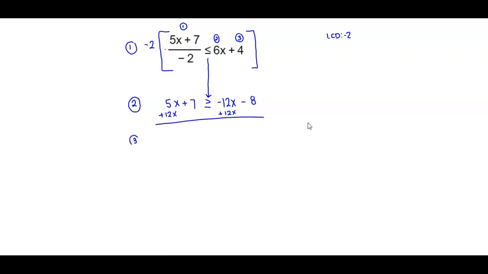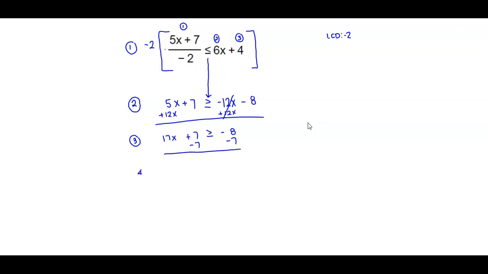And so in step number 3, we get 12x plus 5x, which is 17x, plus 7, that's greater than or equal to, this becomes 0, and then minus 8. Okay, and so now we want to isolate the x, so we're going to subtract 7 from both sides.